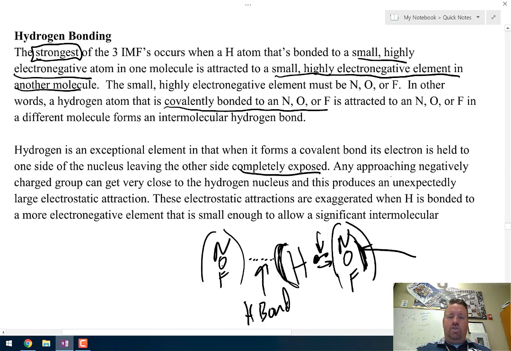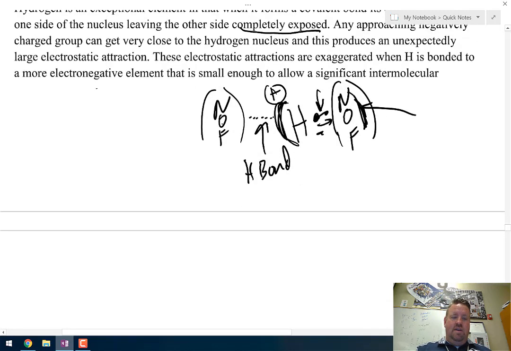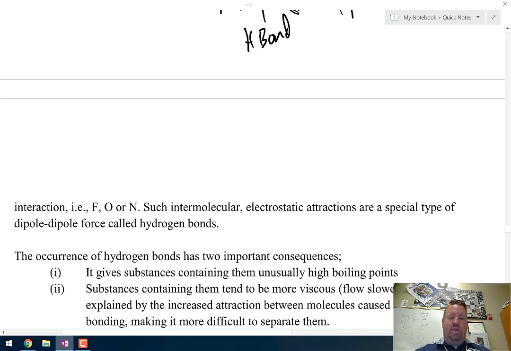So any approaching negatively charged group that can get very close to the hydrogen nucleus produces an unexpectedly large electrostatic attraction. So this is kind of the negative side of the hydrogen. This is kind of the positive side of the hydrogen. And when it's bonded to a more electronegative element, that allows a significant intermolecular interaction between them.